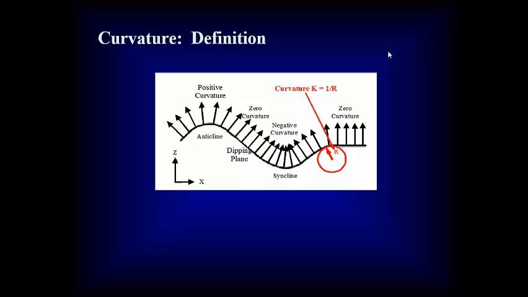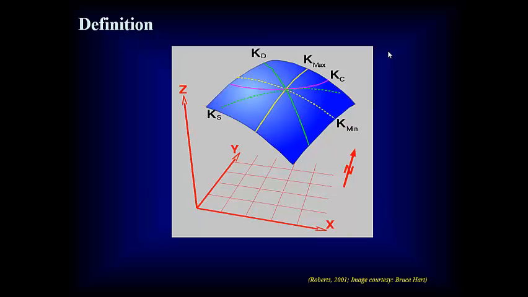In the other case they converge, and we assign a negative sign, or negative curvature, for that. And so we can associate anticlinal shapes with positive curvature and synclinal shapes with negative curvature, and that is what we normally do. We can extend this simple definition of a curve to a three-dimensional surface.